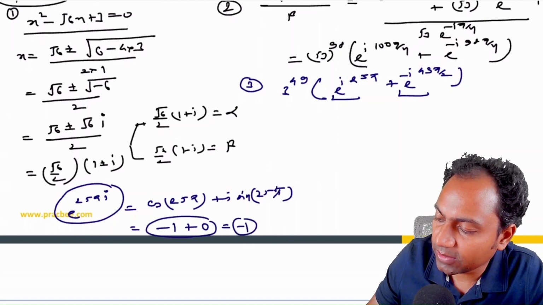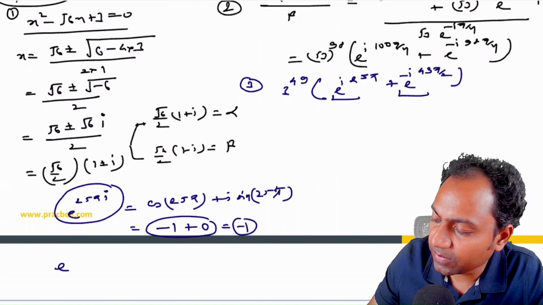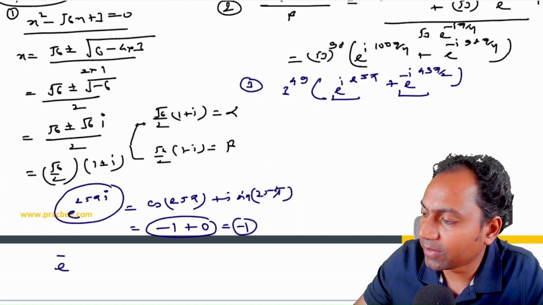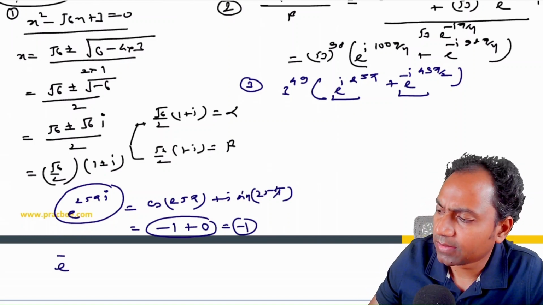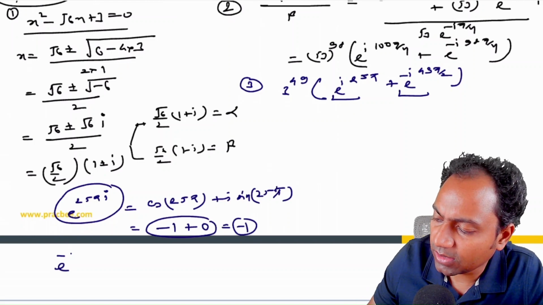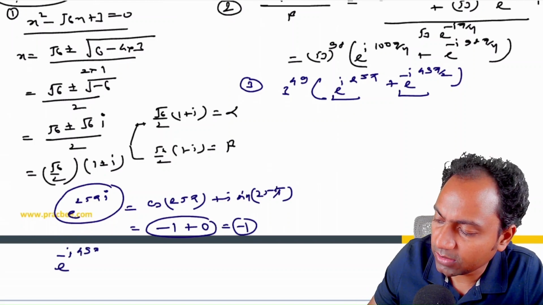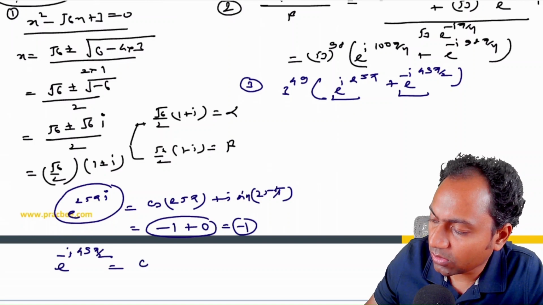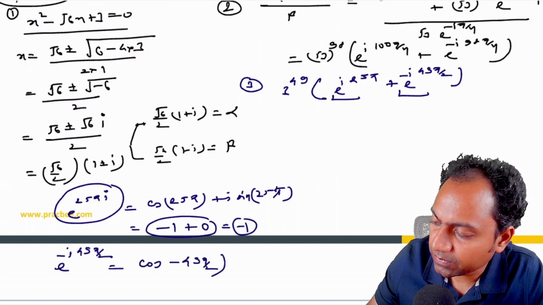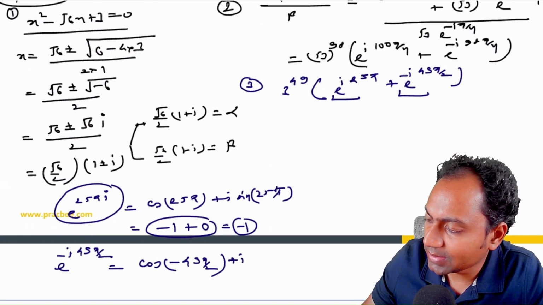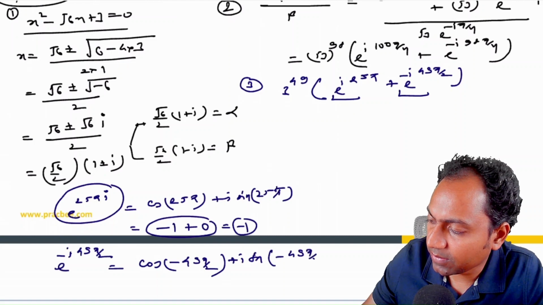If I look into the second part, it is e raised to the power minus 49 pi by 2, so I can simplify this. So cos of minus 49 pi by 2 plus i sine minus 49 pi by 2.